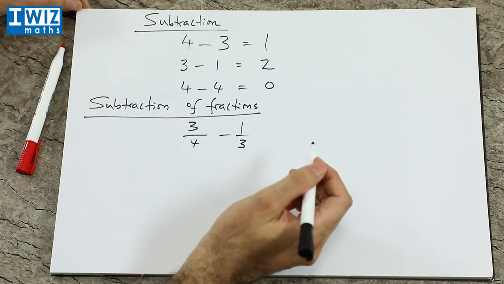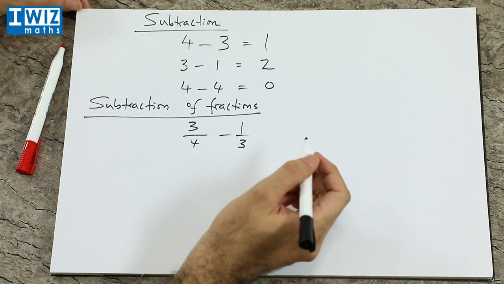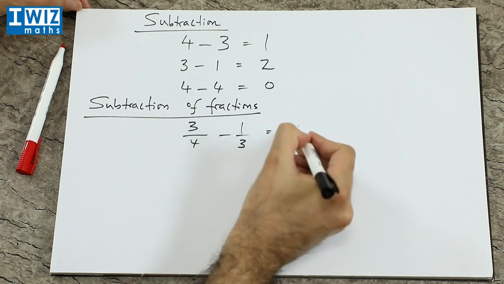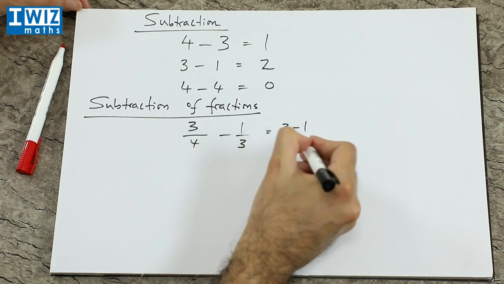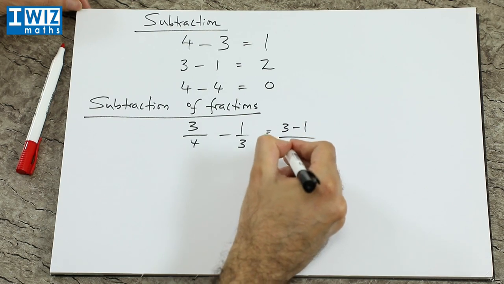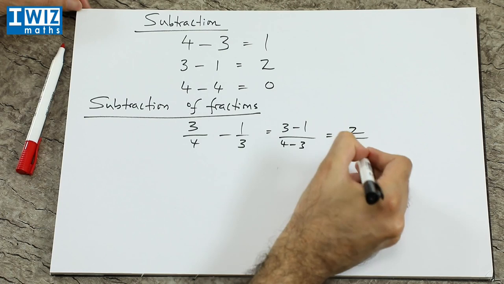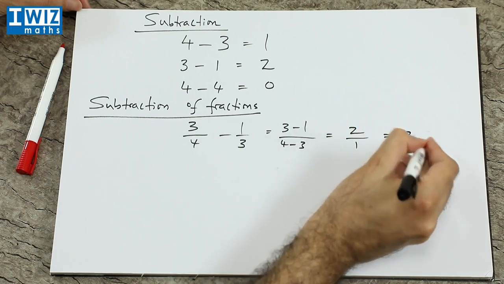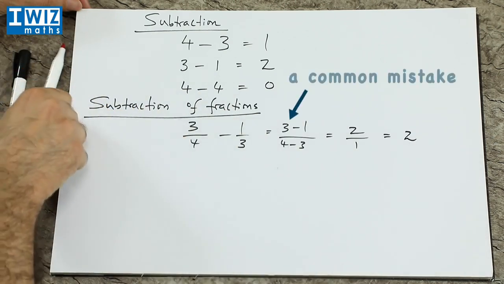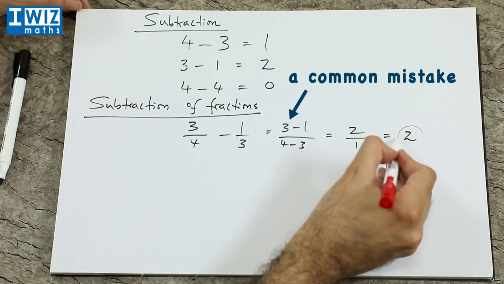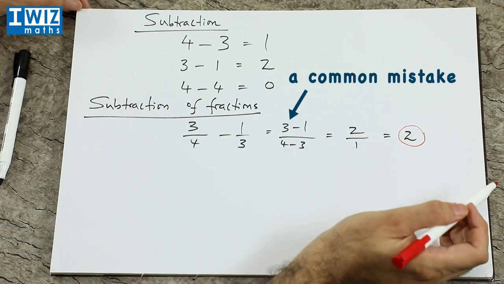Now, a very common mistake among students is to quickly just do the following. They say that this is just 3 minus 1 divided by 4 minus 3, which is 2 divided by 1, which is 2. Now that's clearly a wrong answer.